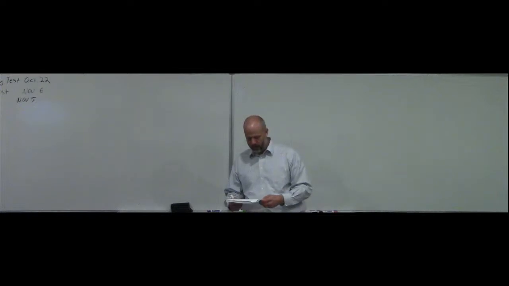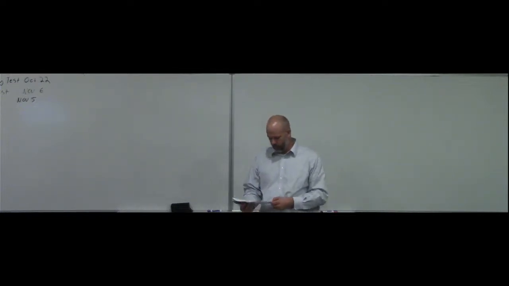Okay. So last time, I think we finished up with a problem where we used Hess's law. It took a series of different steps, and we used the enthalpy of those different steps to determine the enthalpy of a much bigger step.